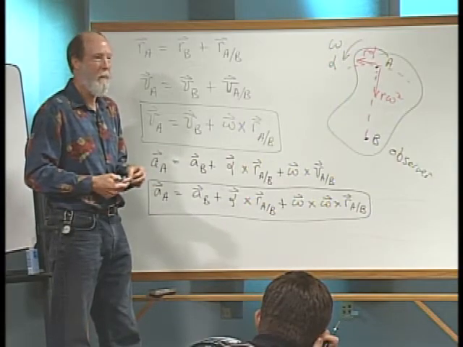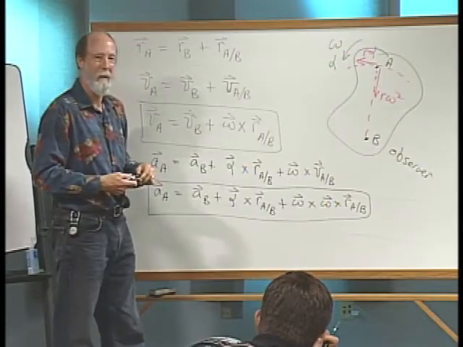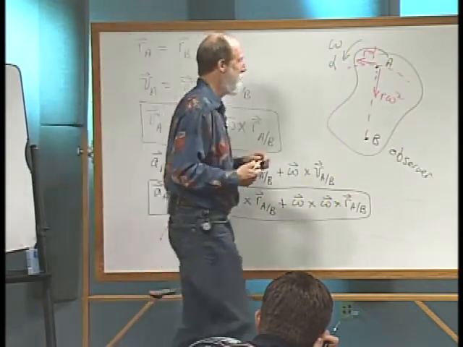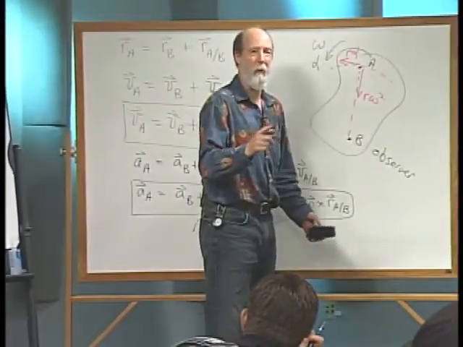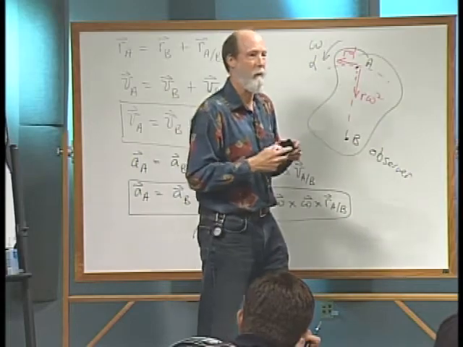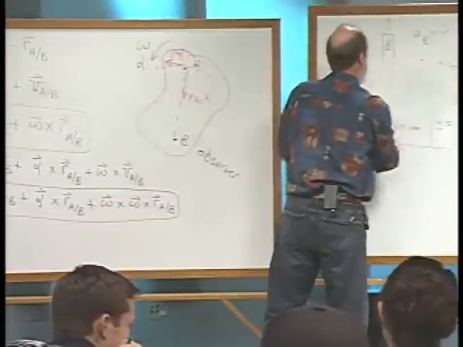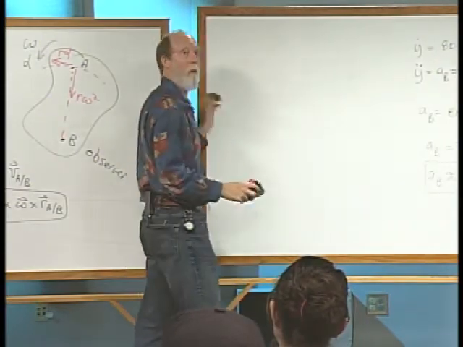But those are relative terms to the observer. Very powerful stuff. Very useful. We could go back to every one of those problems on absolute motion and do them with this, if we chose to. So I think we have time to maybe do one velocity problem.